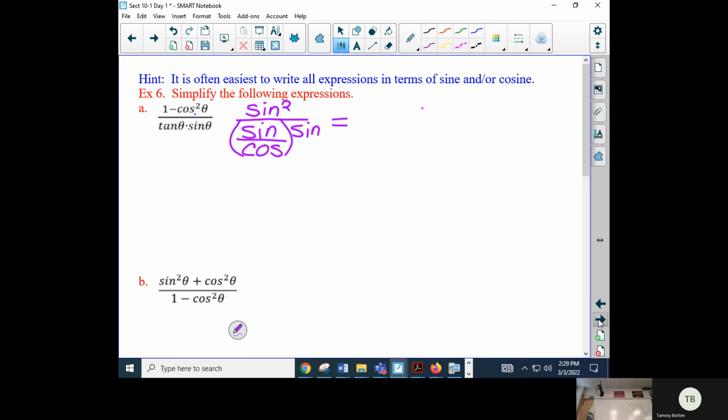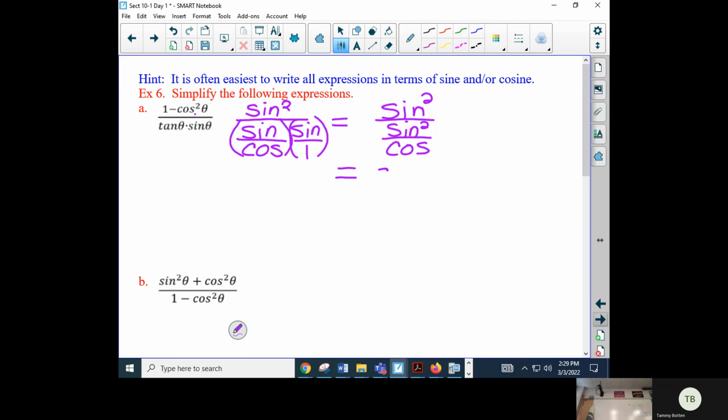Okay? Do you guys get, now I could say I still have sine squared on top. And do you get, like, I could multiply these on the bottom? Sine times sine is sine squared divided by cosine. Everybody okay with that? I just kind of thought of this sine as sine over 1. I multiplied that, and on the bottom I have cosine.